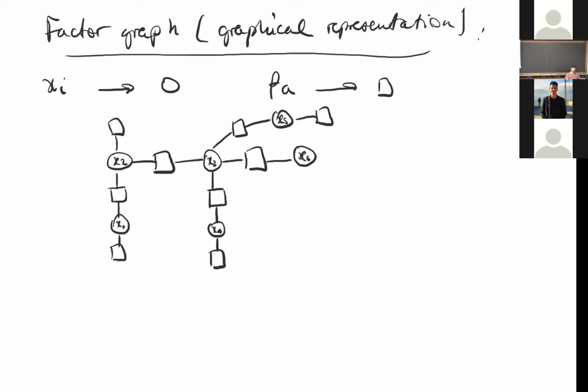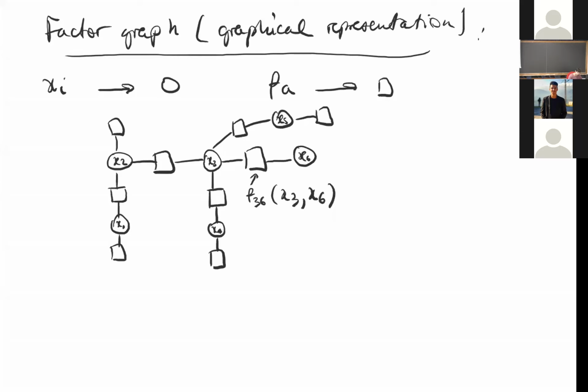So this is a graphical representation of a probability distribution. And even if we don't know precisely what these functions are at the moment, let's say these are generic functions, because this factor is connected to x3 and x6, whatever it is, we know that it is a function, I will call it f36 of x3 and x6.